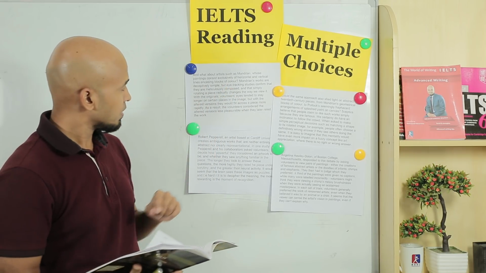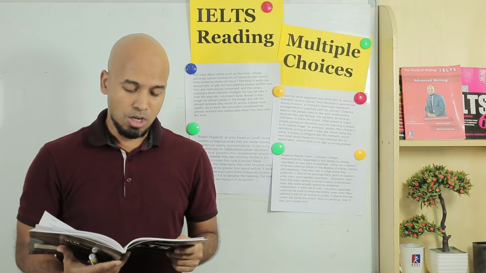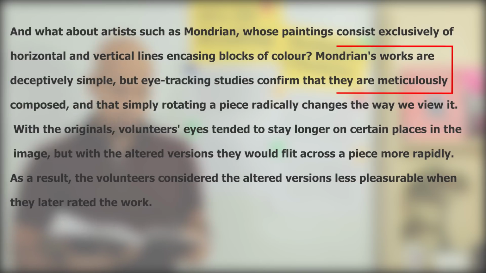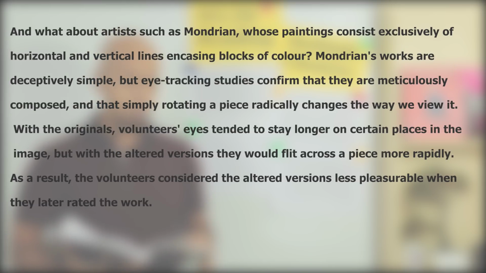That's interesting. And then the second sentence: Mondrian's works are deceptively simple, but eye tracking studies confirm that they are meticulously composed, very carefully composed, and that simply rotating a piece radically changes the way we view it. With the originals, volunteers' eyes tended to stay longer on one certain place in the image, but with the altered versions, they would flit across a piece more rapidly.